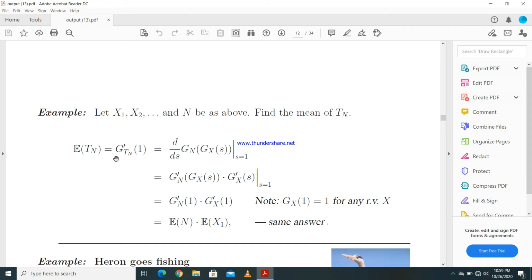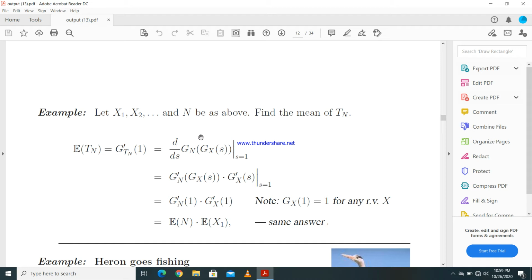We know if you have the probability generating function, you can differentiate it and substitute 1 to get the expected value. The probability generating function of Tn is given by Gn(Gx(s)). This is what we proved in the previous theorem, and then you have to substitute 1 after differentiation.